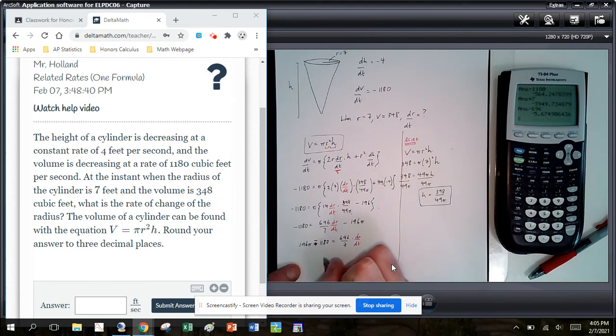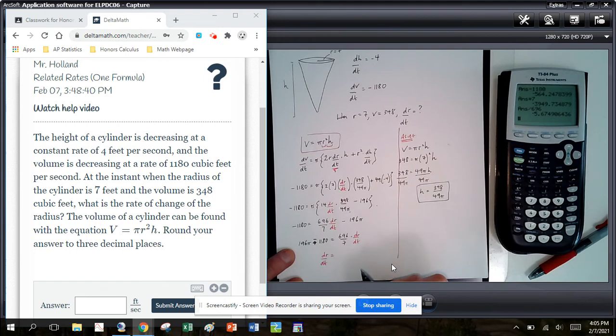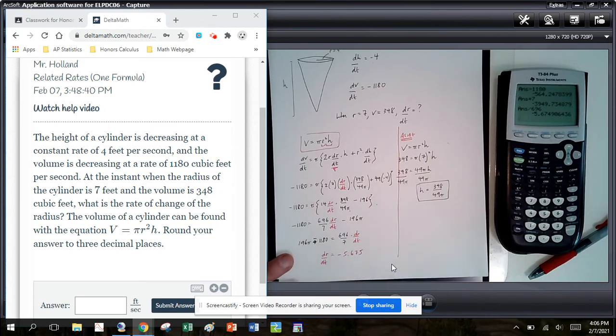And if I do all that, I'll get dr/dt is about negative 5.67, and it wants it to 3 decimal places. So 6, 7, and because the number after the 4 is a 9, I have to make that 5. Okay. Don't forget to use whatever units of measurement you're working with here.